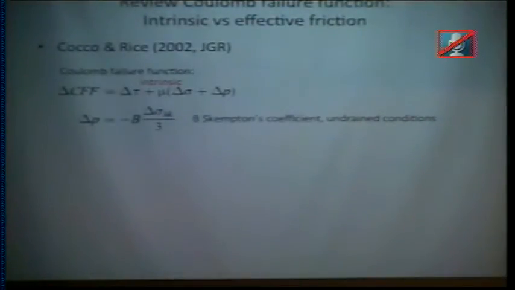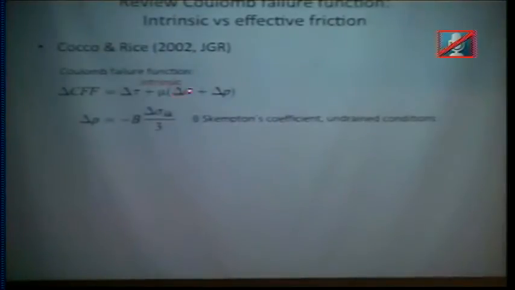So I need to review this Coulomb failure function so you understand why I'm able to get intrinsic friction. So, this is all about stress changes. The change in Coulomb stress is the change in shear stress plus the intrinsic friction times the effective normal stress. So this would be the normal stress plus the pore pressure change, which is acting against the normal stress.